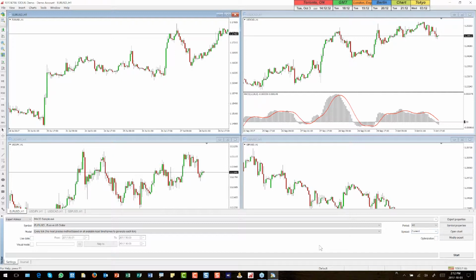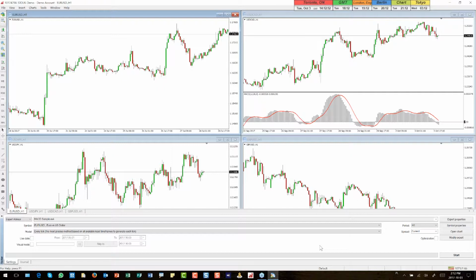And this is how you can test yourself, basically. Of course, we can choose the pair that we want to test. For the time being, we're going to use Euro US dollar. This is the most precise method of testing.